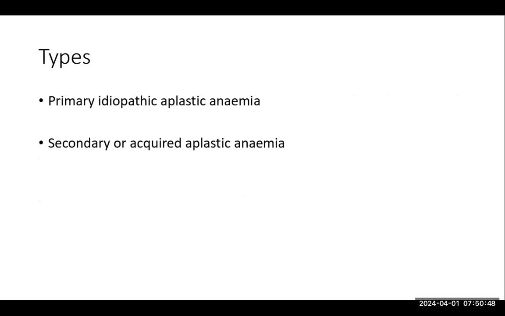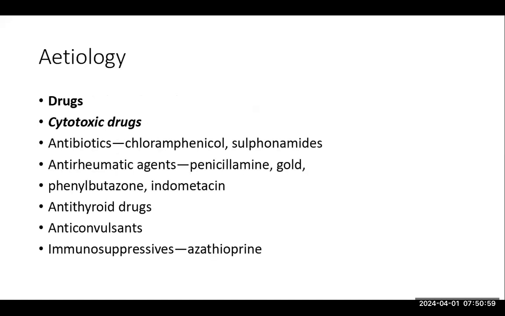There are two types, be it primary idiopathic aplastic anemia or secondary acquired. Our index patient has acquired aplastic anemia, and these are some of the etiological agents. Drugs, particularly cytotoxic drugs, are implicated in causing acquired aplastic anemia.